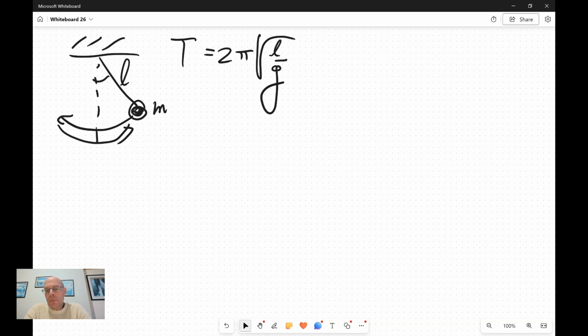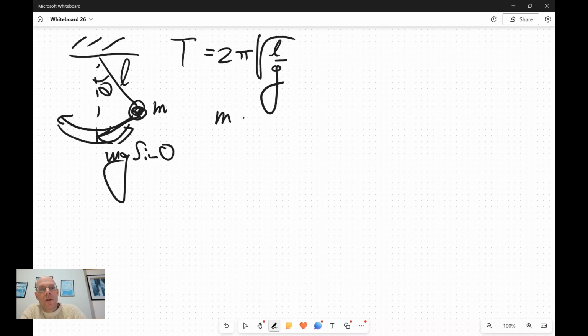Now, let me briefly mention how we arrive at this equation. So at school, what we learn is that if we analyze the forces on the pendulum, if this angle is theta, the relevant force is mg sine theta, and Newton's second law is mass times acceleration.